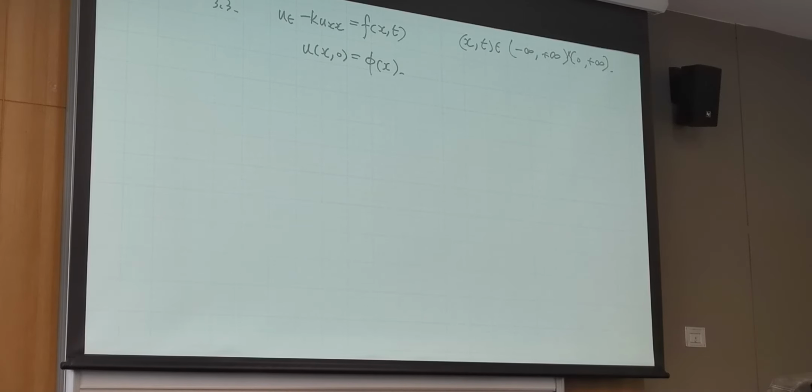Last time we claimed that the solution to this diffusion equation has a source. What is the source term? The source term is exactly the f over here.